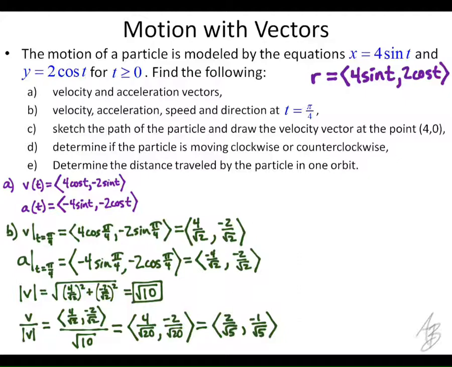So one thing to understand about the direction vector and the velocity vector is that they go in the same direction. So the velocity vector, if I were to graph that, would look something like maybe this. And the direction vector would look maybe something like this.